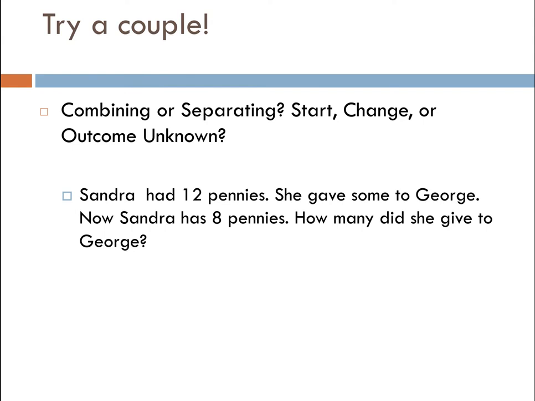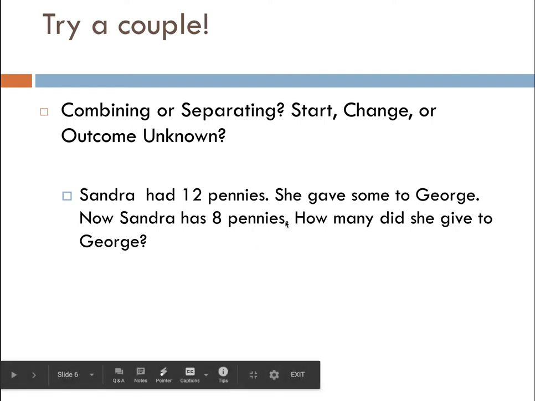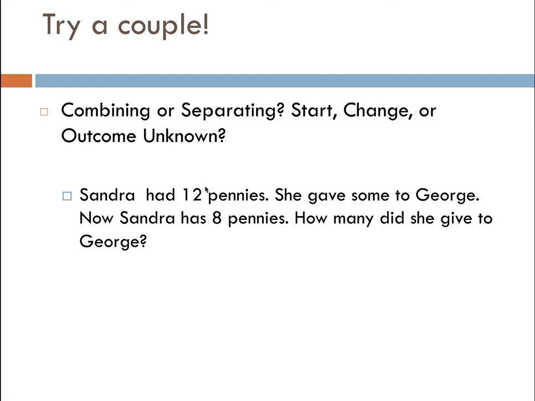Okay, so first, Sandra had 12 pennies. She gave some to George. Now Sandra has 8 pennies. How many did she give to George? What situation is this? Is this combining or separating? She gave some to George, so it is separating. And let's take a look at this. Sandra had 12 pennies, so that is the start.